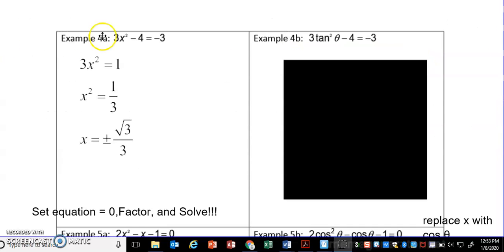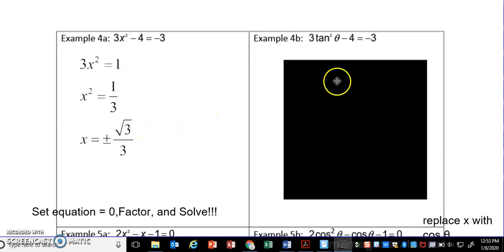So if we look at example 4a, notice we are adding 4 to get 3x squared equals 1. Divide by 3, x squared is equal to 1/3. Then we have to take the square root of both sides and rationalize. So we end up with plus or minus the square root of 3 over 3.